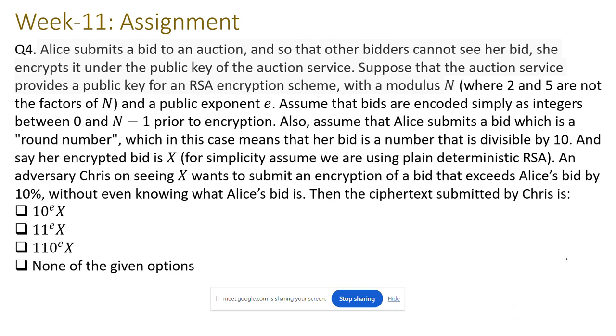So using that malleable property of the RSA ciphertext, if the adversary Chris wants to modify Alice's ciphertext, so X is Alice's ciphertext, which is encrypted under the RSA crypto system with a public key and some message, let's say small x, such that small x is a multiple of 10. We write it as 10 divides x, right?